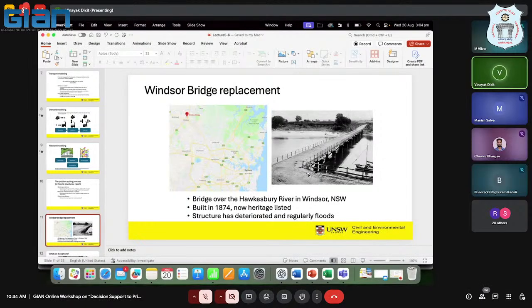If they are flooded even 5 times a year, it's a problem. So you want to also incorporate the resiliency and vulnerability aspects into your assessment, right? That would then determine what is the appropriate height you want to put the bridge at. Any questions?